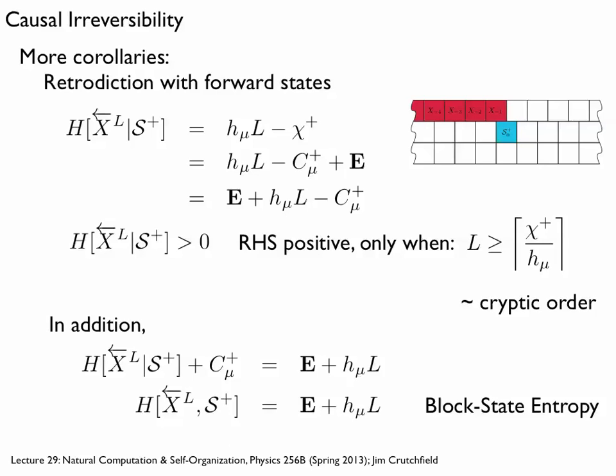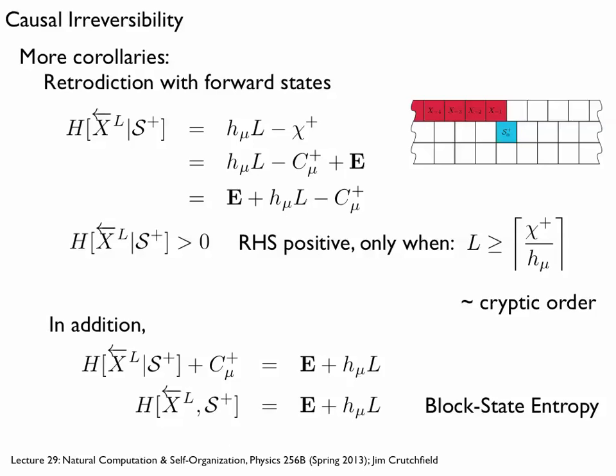So in other words, we start doing good retrodiction with the forward states when we go L symbols into the past. Next week, Ryan's going to talk about how to calculate this, and we'll give you some more interpretation of this. Here I'm just laying out an interesting question and a constraint on this retrodiction distance.